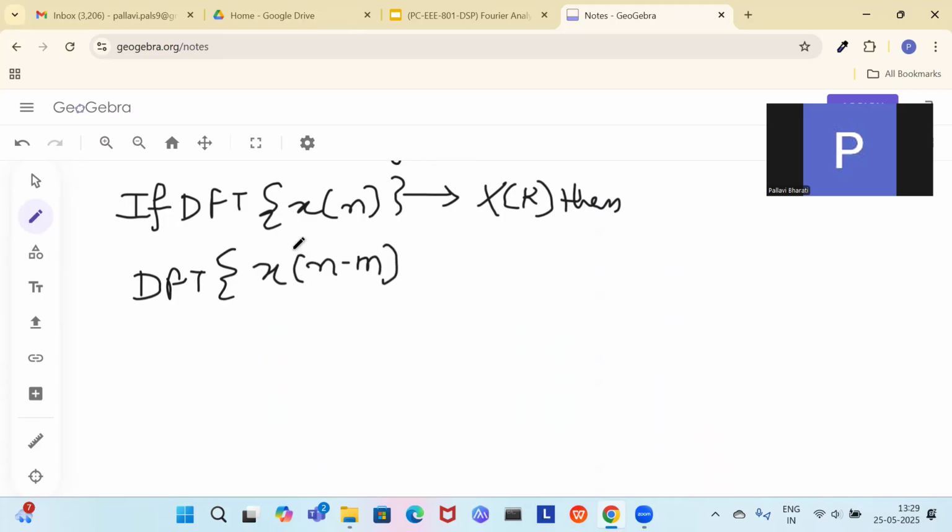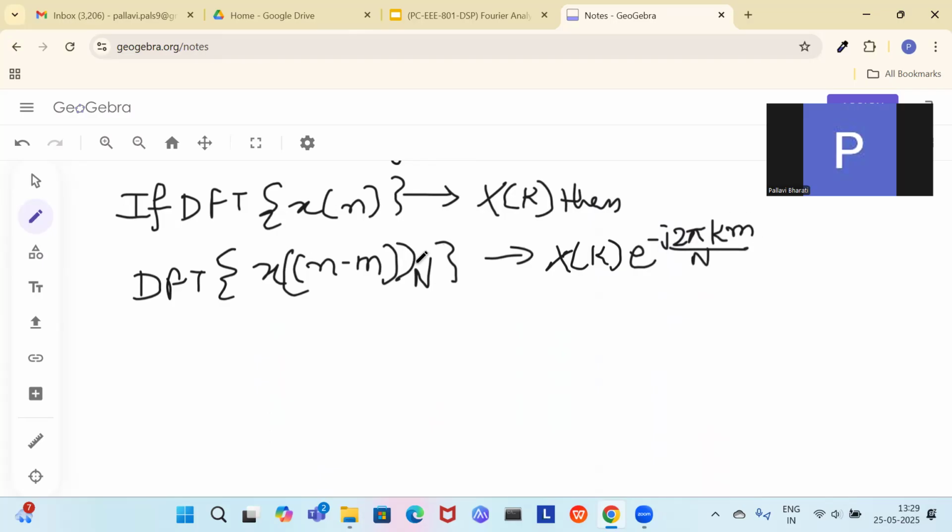Because you are fixing it, the length is getting fixed. It will not extend in time. That is why it is written as modulo N. That is going to be X of k e to the power minus j 2 pi k m by N. Everything is remaining the same.